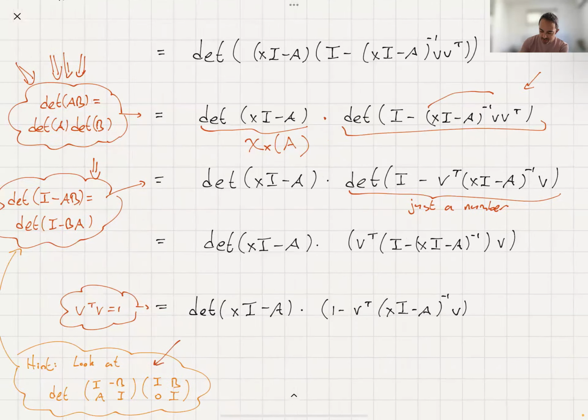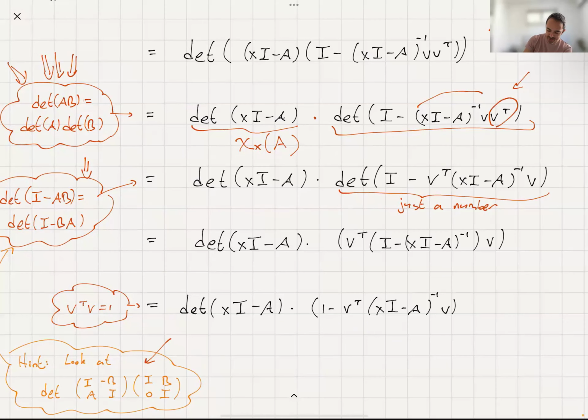This means that V transpose and V, that's my B and that's my A. A and B don't have to be of the same dimension, as long as you can multiply them. So here it's a column vector times a row vector, and at the top and at the bottom it's what I said before. So I can take V transpose to the left of xI minus A inverse V, and so I get this expression.